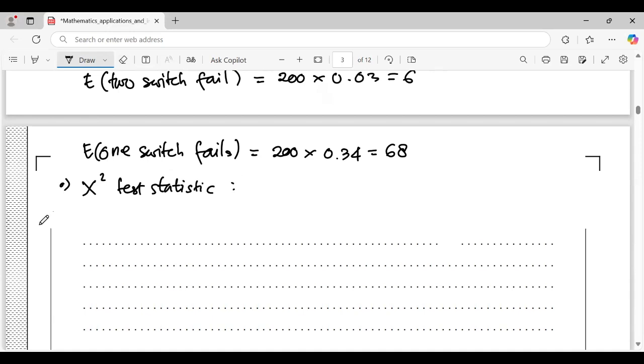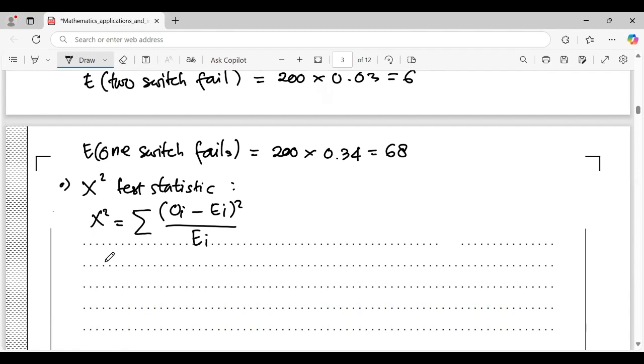Okay. And the formula is chi-squared equals sigma (OI minus EI) squared over EI. OI is observed frequency and EI is the expected frequency for each category.